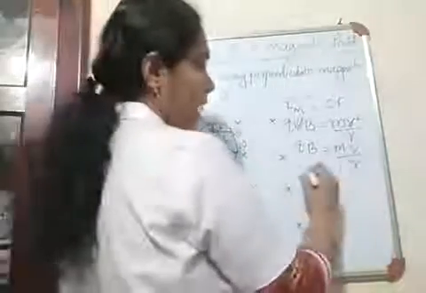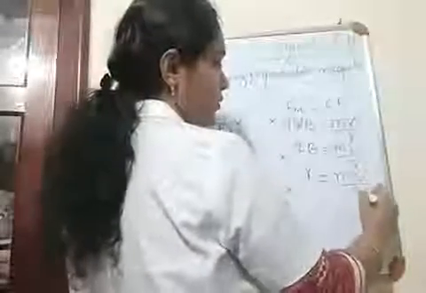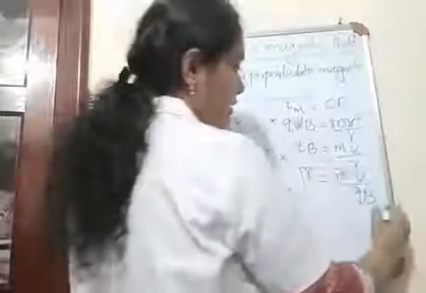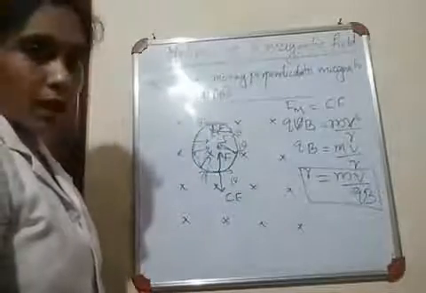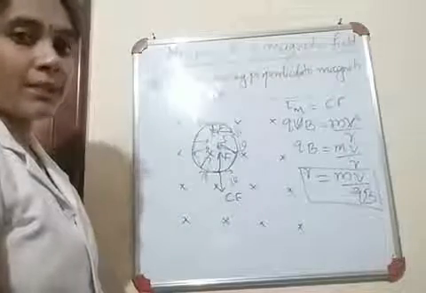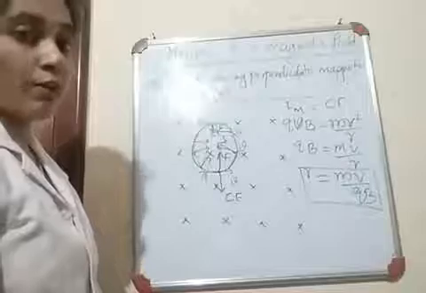Then what will be r? Therefore the radius r is equal to mv by QB. This is the expression for the radius of the circular path executed by the charged particle in a uniform magnetic field.